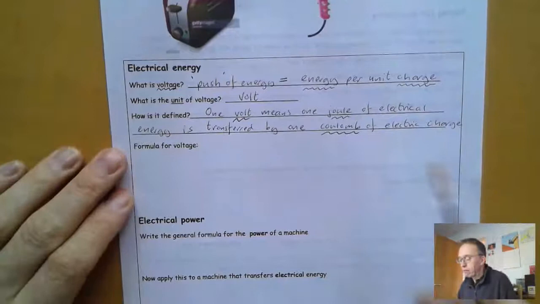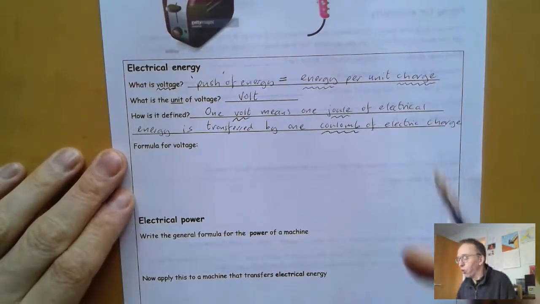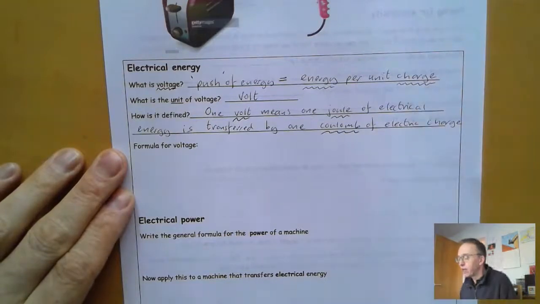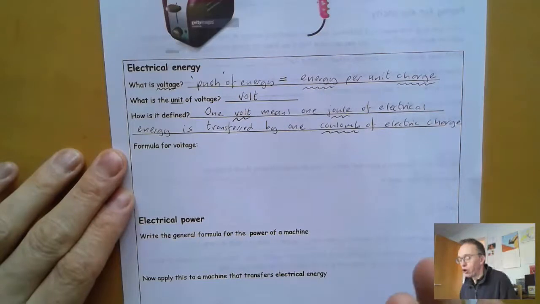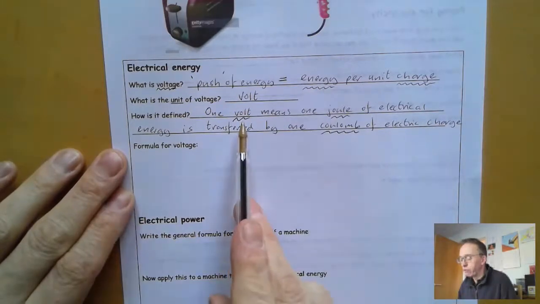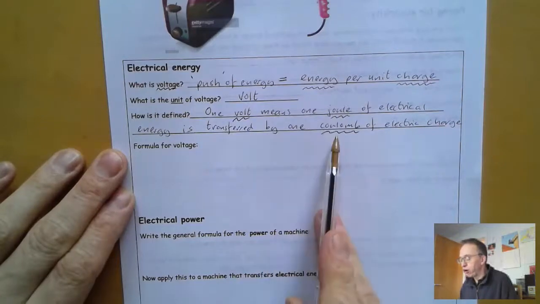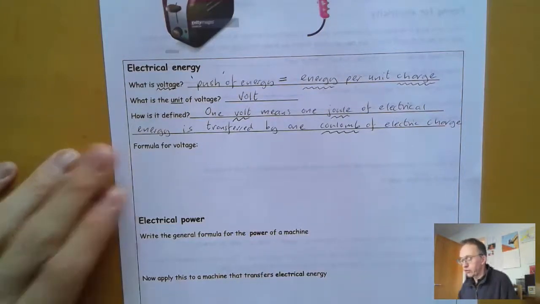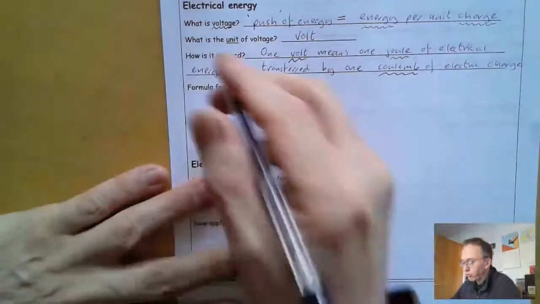Okay, so then we measure the voltage as the amount of energy per electron or per unit charge, and that means that it's the energy per coulomb of charge. And 1 volt of voltage is 1 joule of energy per 1 coulomb of electric charge. Okay, so the formula for voltage would go something like this.